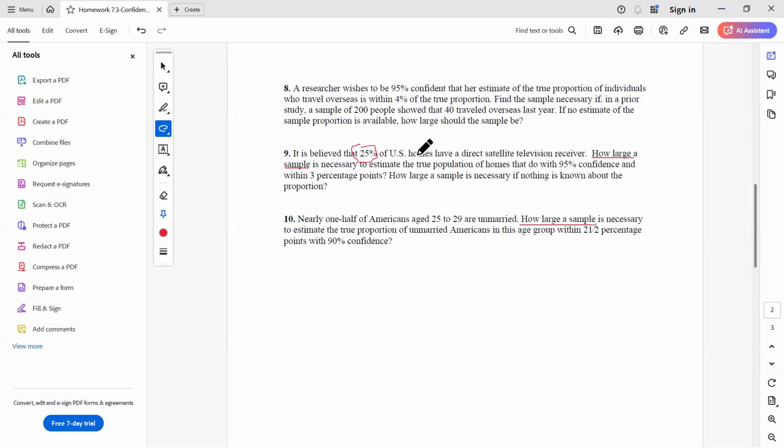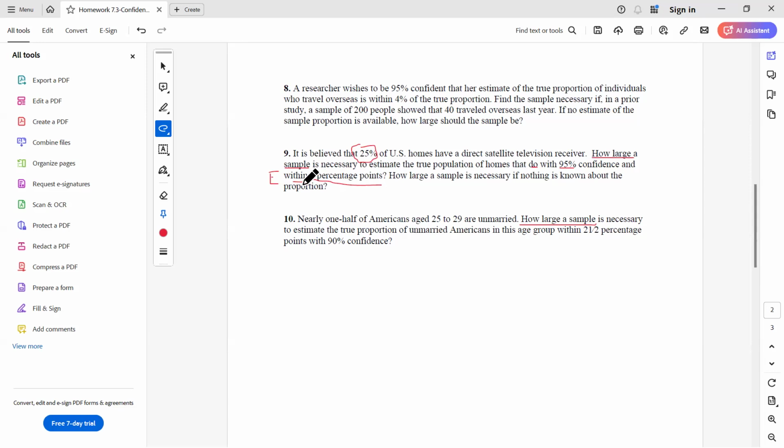How large a sample is necessary to estimate the true proportion of homes that do have a direct television receiver with 95% confidence and within 3 percentage points. This within is my error. When you see within a certain amount, the thing that comes after within is my error term.